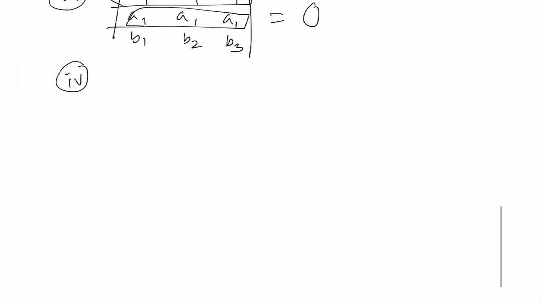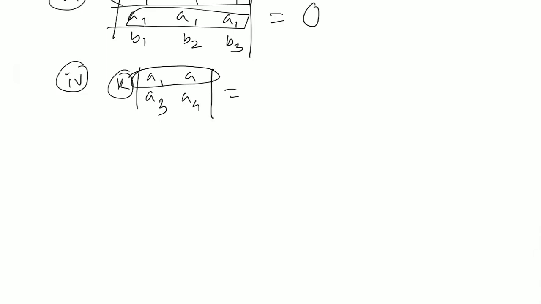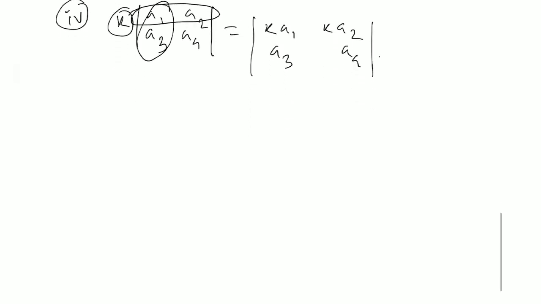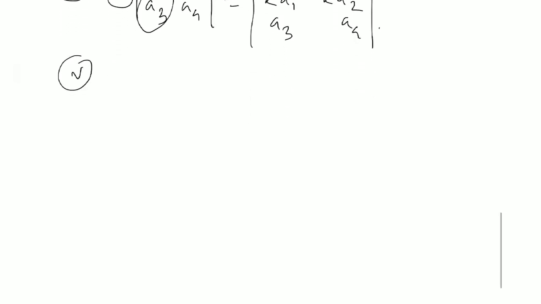Now the fourth property, which is maybe one of the most important, is that if you multiply a scalar into a determinant, it is multiplied in only one row or only one column. In a matrix, if you multiply a scalar, it is multiplied to each and every element, but in a determinant that is not the case.